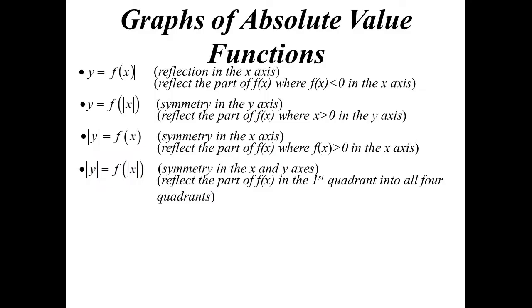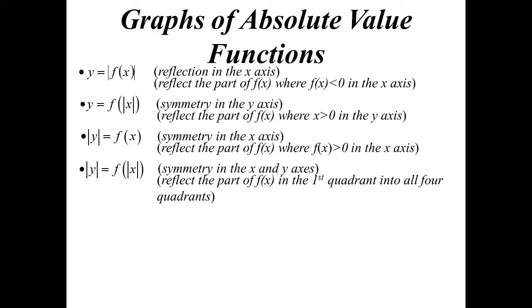What about if we had absolute value of y equals function absolute value of x? Now we're going to have symmetry in both of the axes. Here we'll reflect the part of function x that's in the first quadrant into all 4 quadrants. Because now we've got absolute value of x, so as far as we're concerned, we're only putting in positive numbers.